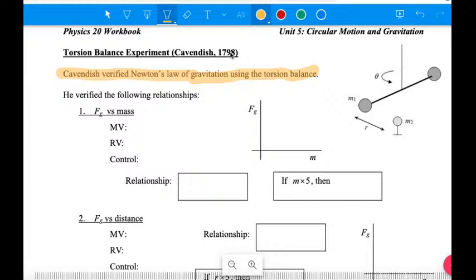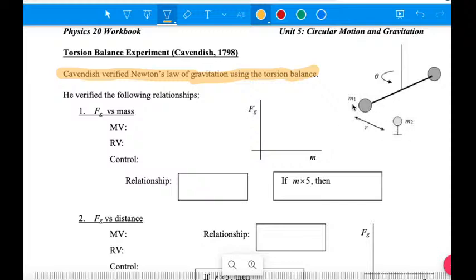So this came quite a number of years after Newton. Essentially what's happening here is we have this stick with two spheres, or two masses, on the end hanging by a rope, and as a second mass is brought near it, he's going to measure the rotational speed, right? And through that, and some fancy math that we're not going to get into, determine the force of that motion.